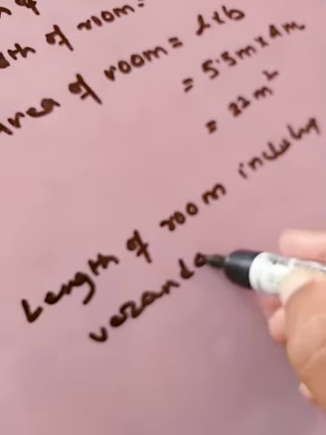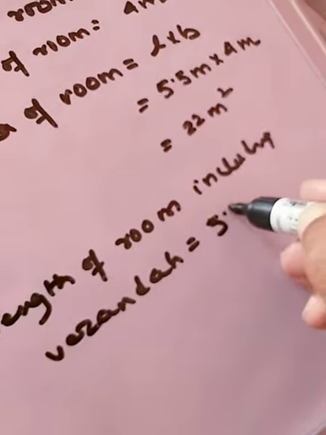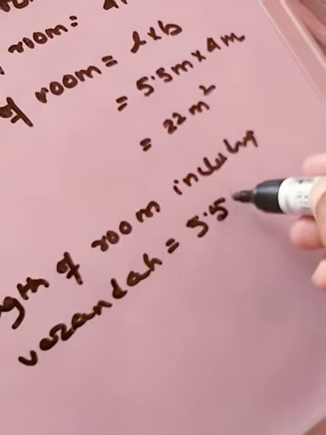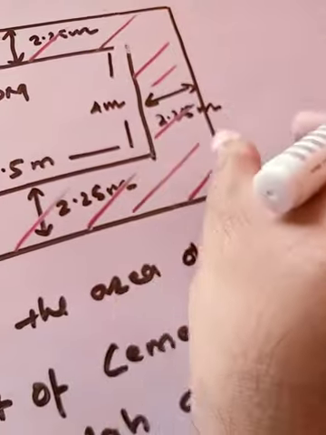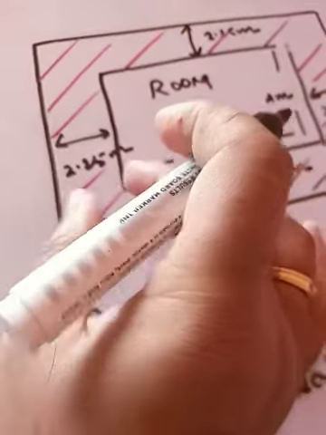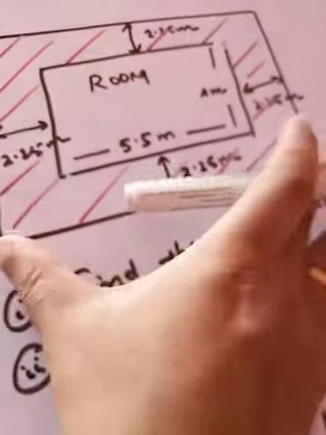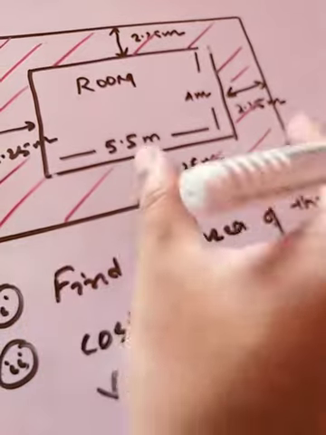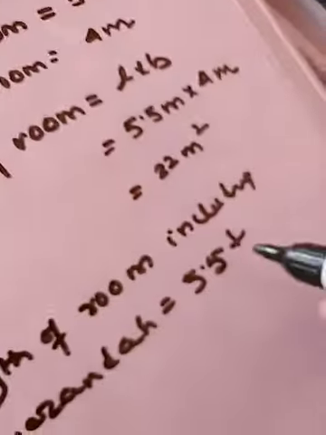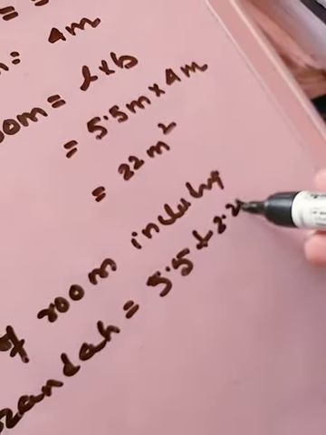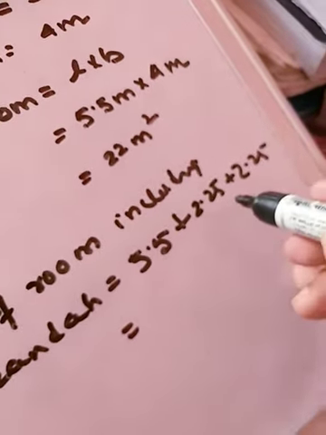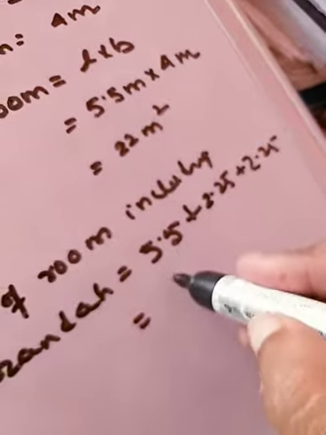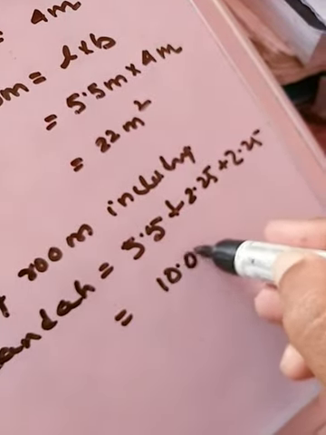The length of the room was 5.5, and we have to increase 2.25 from the right hand side and 2.25 from the left hand side also. So 2.25 plus 2.25, how much are we adding? 4.5, isn't it? So it will be 10 meter.